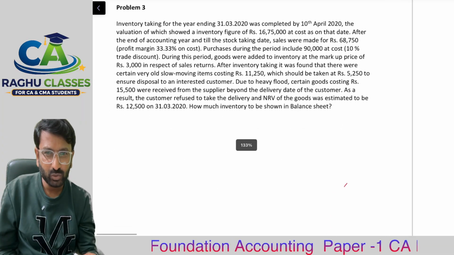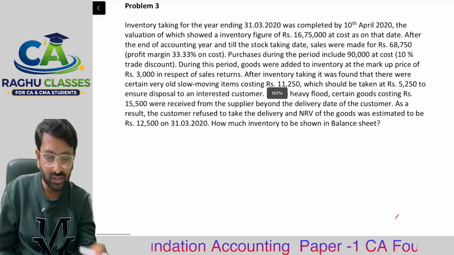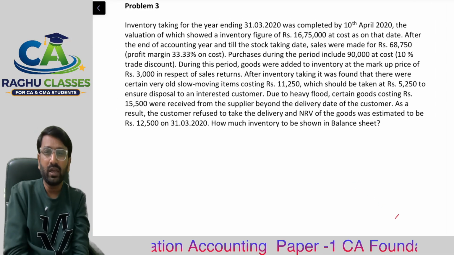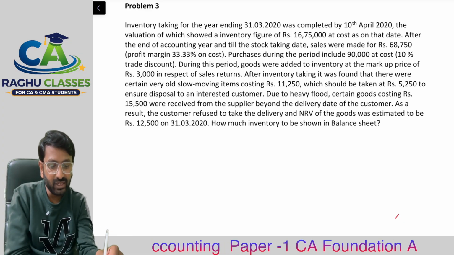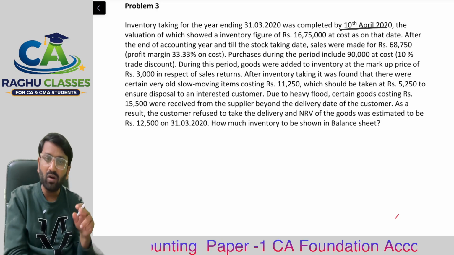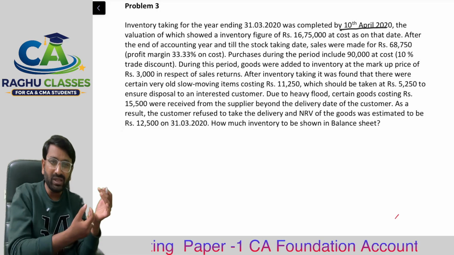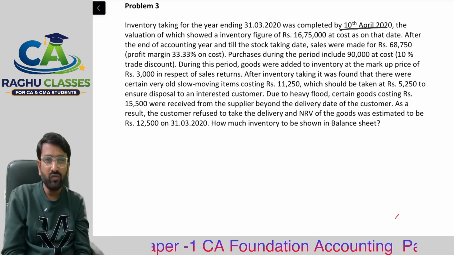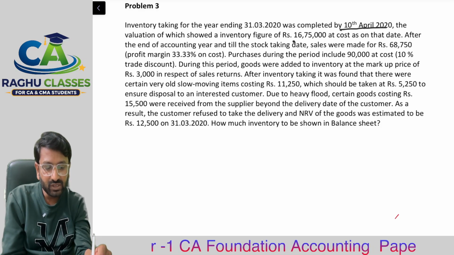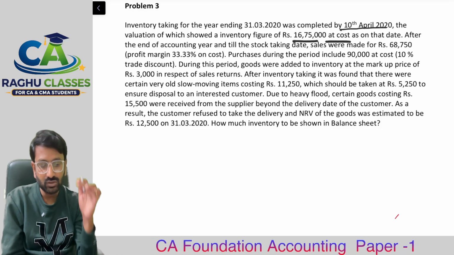Let's move on to the next question. Some good adjustments are there in this question also. Inventory taking for the year ending 31st March 2020 was completed by 10th April. So that is after the balance sheet date. So we'll be doing reverse calculation. The valuation of which showed an inventory figure of 16,75,000 at cost.